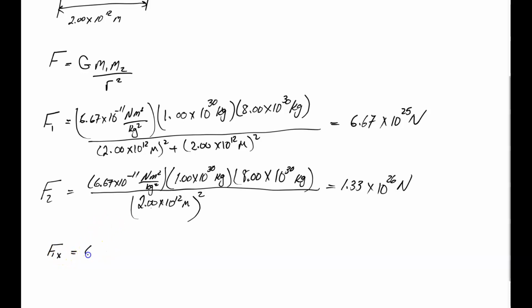So this is going to be 6.67 times 10 to the 25th Newton times cosine of 45 degrees, which is going to equal 4.72 times 10 to the 25th newtons.